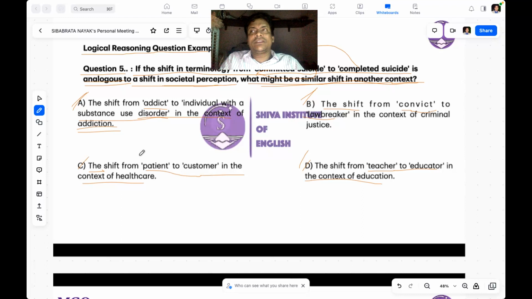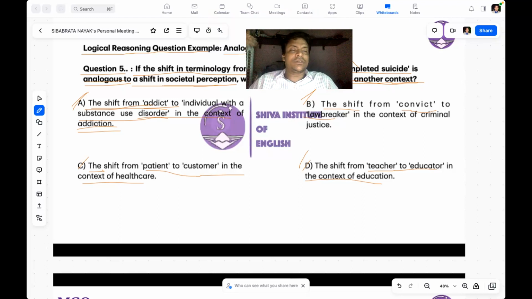Why? Because it suggests the shift from using the term addict to individual with a substance use disorder. Addicted to, so if something is addicted, then it makes an individual disorder, isn't it? Because the question is what?